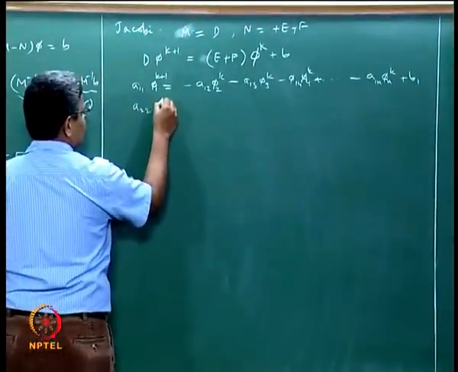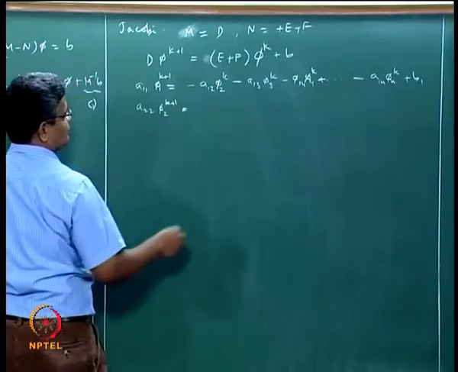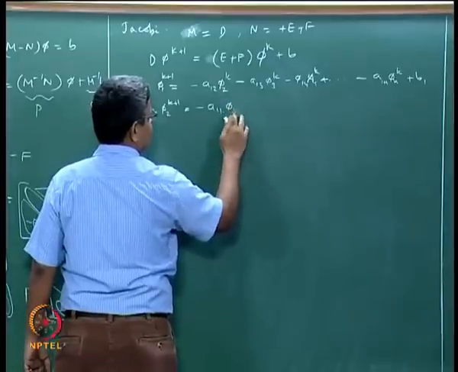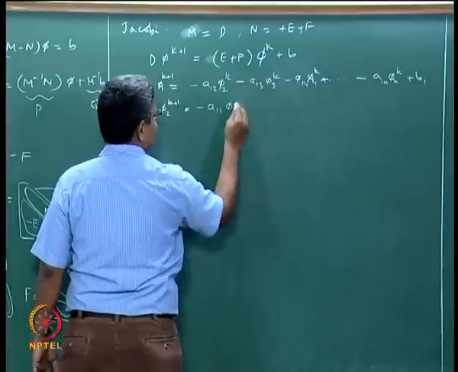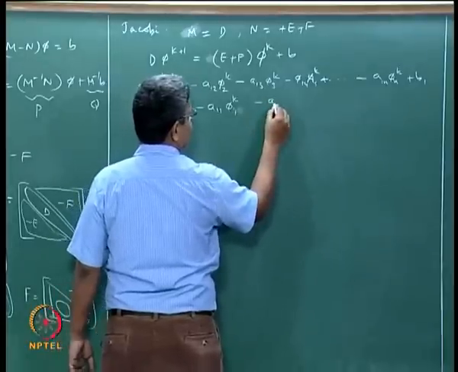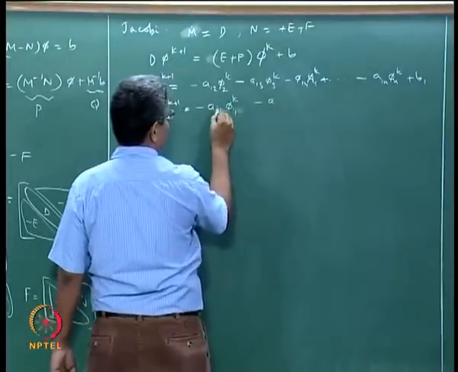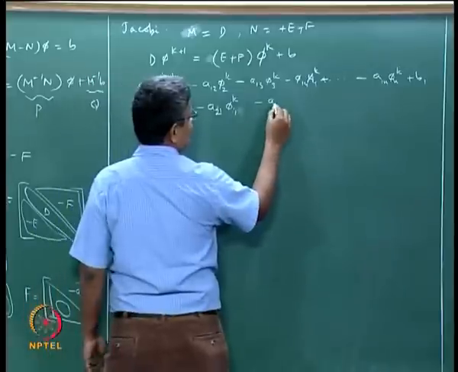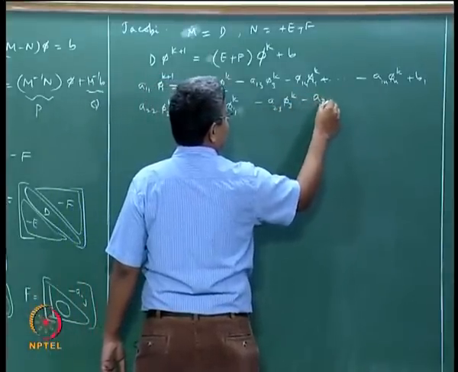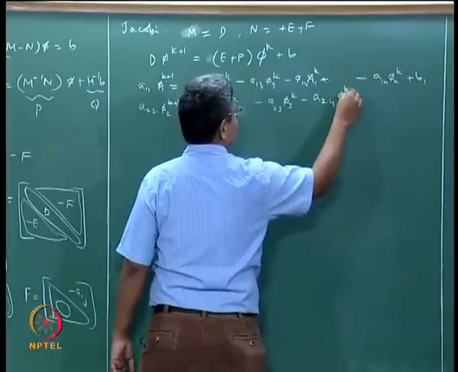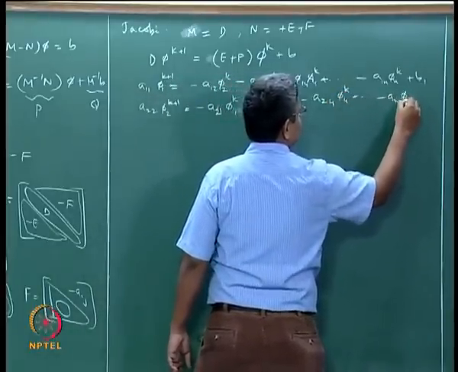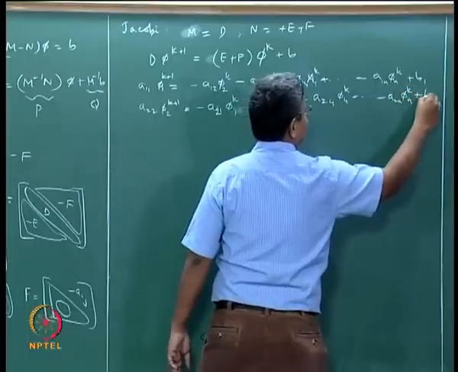Similarly, we have a22 phi_2^(k+1) is equal to minus a21 phi_1^k minus a23 phi_3^k minus a24 phi_4^k and so on, minus a2n phi_n^k plus b2.